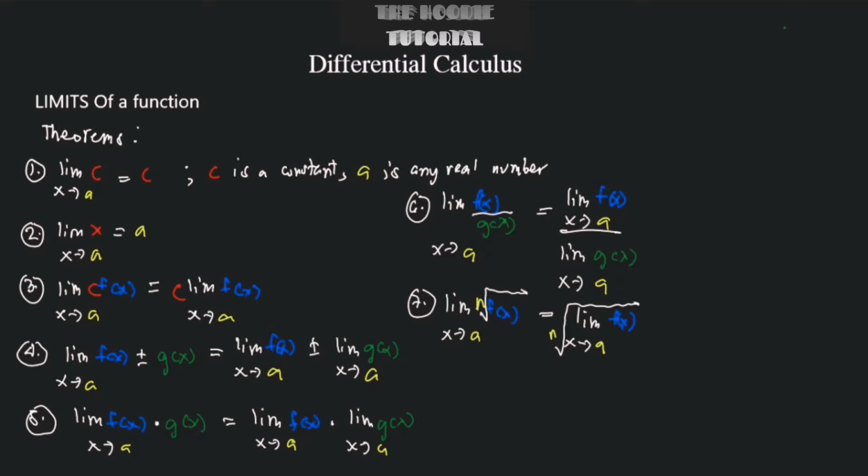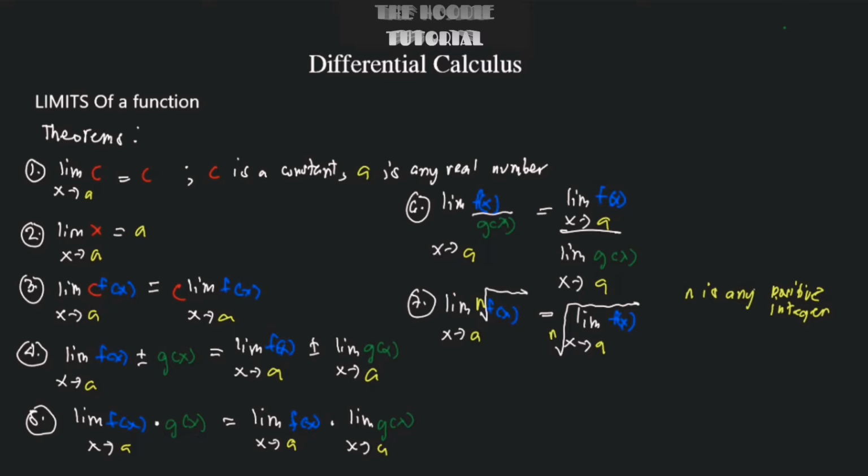So the limit of this function is just equal to the nth root of the value we get once we evaluate the inside limit, where there is a condition right here. Let's put: n is any positive integer, so it could be 2, 3, or 4, as long as it is a positive integer.